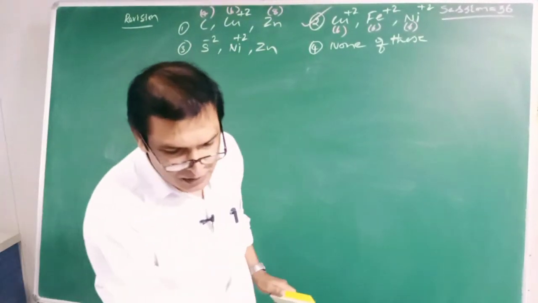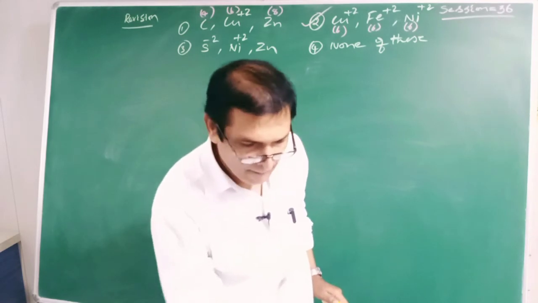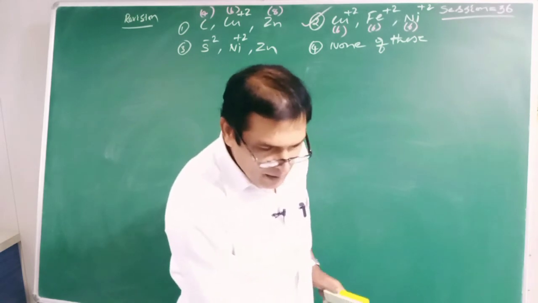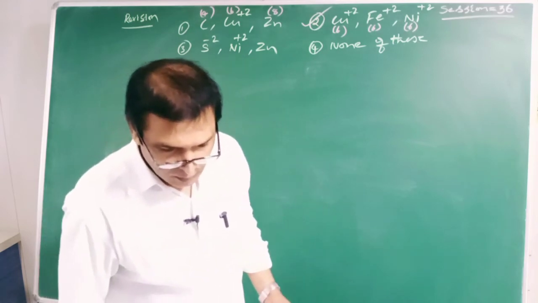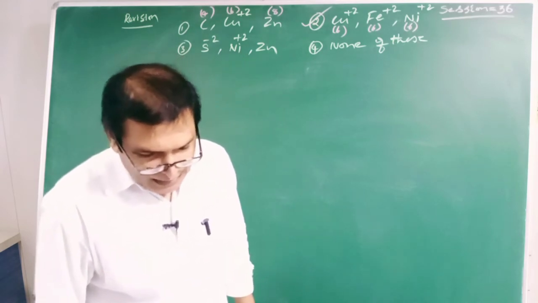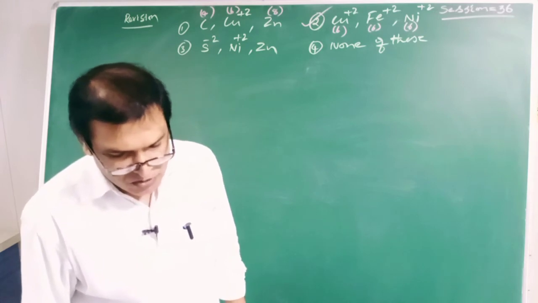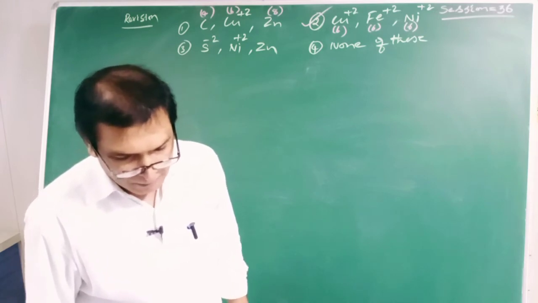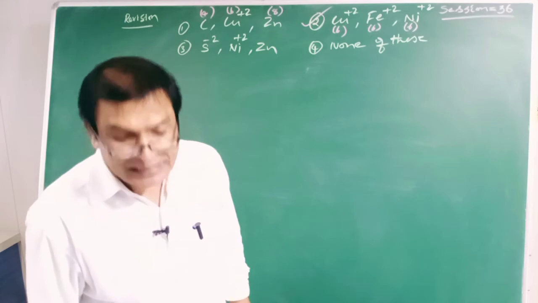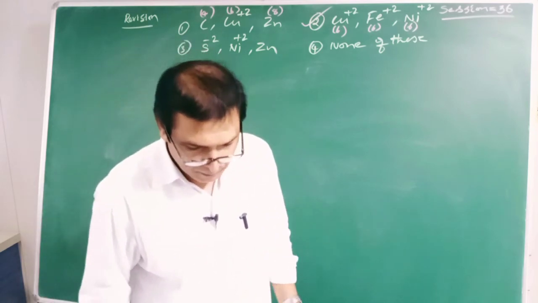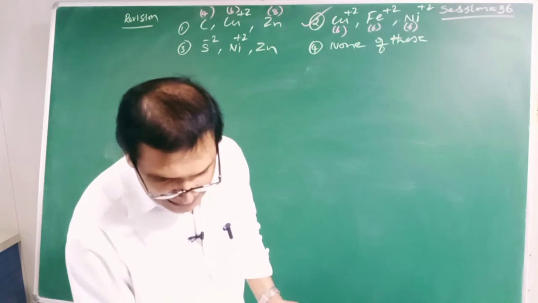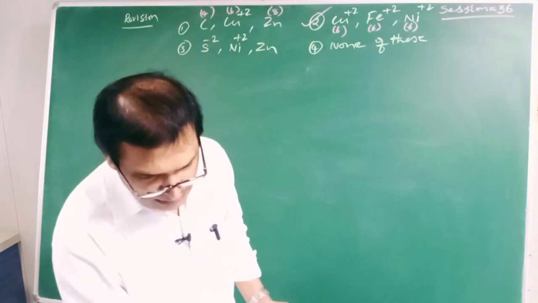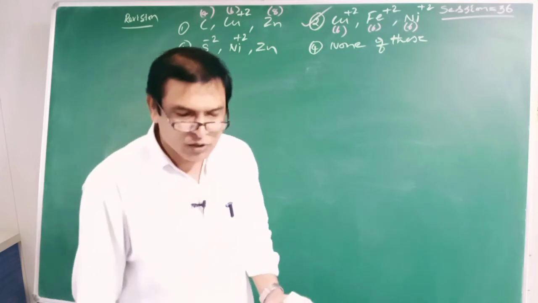Okay, the next one is: the ion that has 18 electrons in the outermost shell.